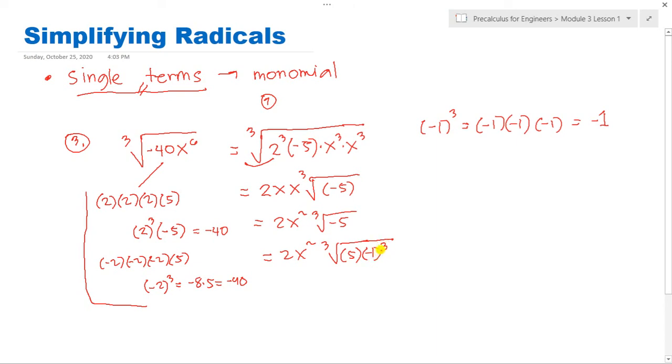Wala na mabago. And since the exponent of negative 1 is the same as our index, therefore, ma-extract natin yung negative 1 here. So, we now have negative 2 x squared cube root of 5. Now, this is our final answer. Therefore, pwede ka pala makagamit sa second condition na you can just simply use negative 2 para maka-jump up ka kaagad sa answer.